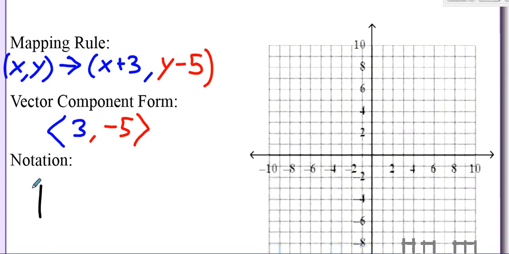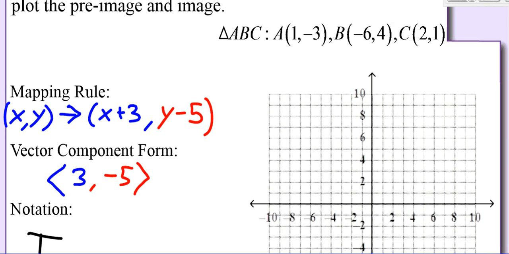The notation would be kind of the same thing: 3 and -5. So all 3 of those are telling you to go right 3, down 5. Same thing.